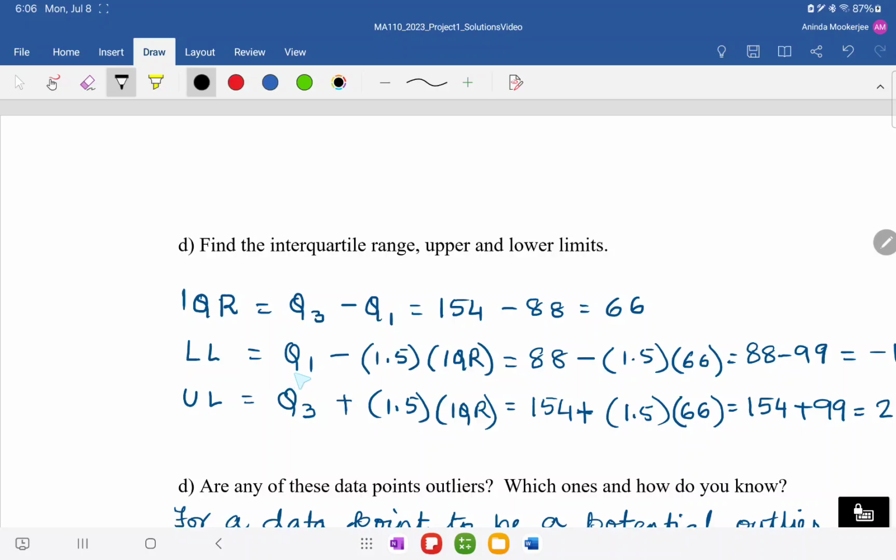The lower limit formula is Q1 minus 1.5, which is a constant value, times IQR. A very common mistake that I should point out is that students sometimes just do Q1 minus 1.5 and then multiply the answer by 1 IQR. That's wrong.